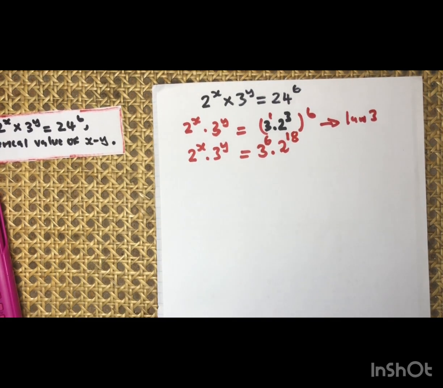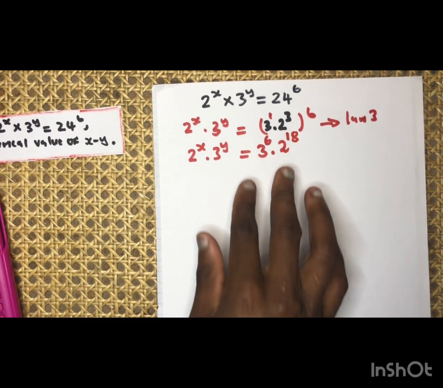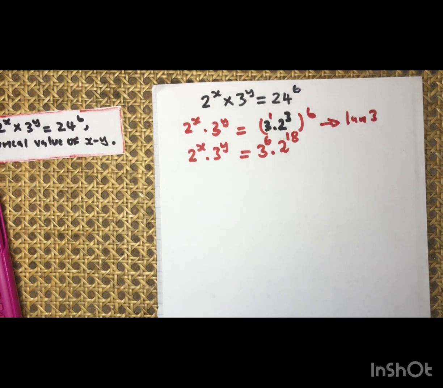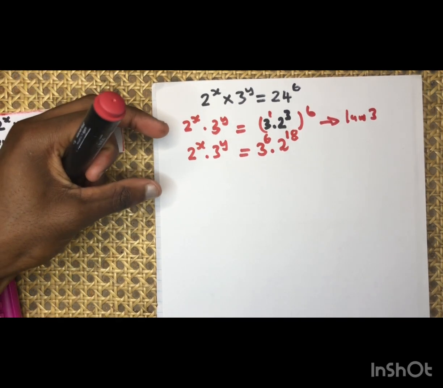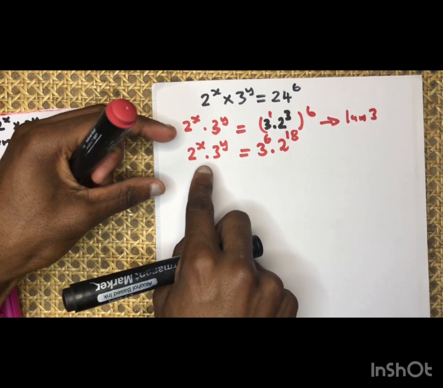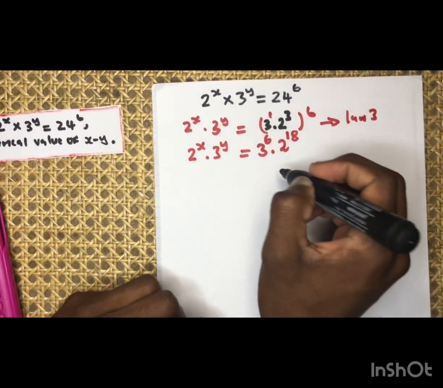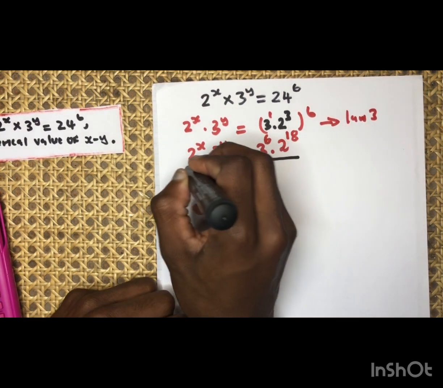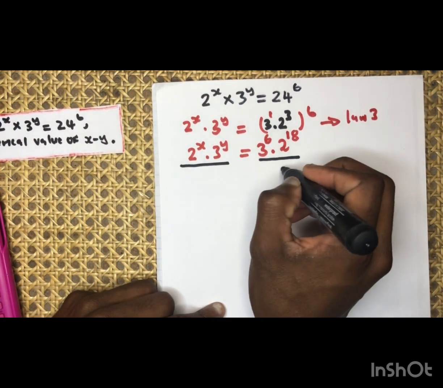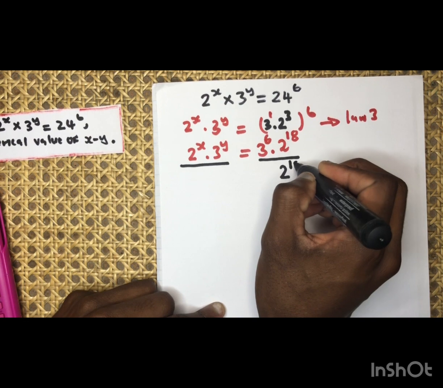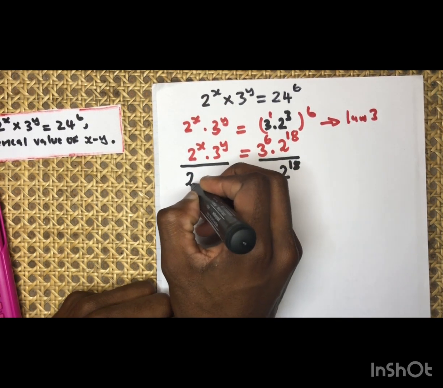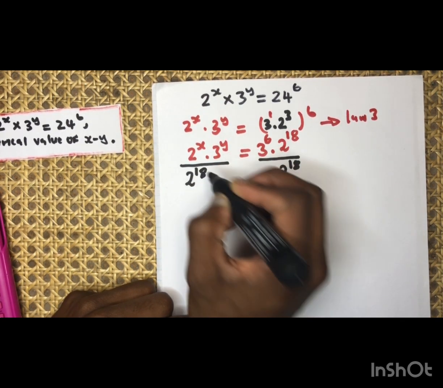Understand? So what must I do now? I must make sure all the same bases are on the same side. So I'm going to divide both sides by 2 to the power 18.